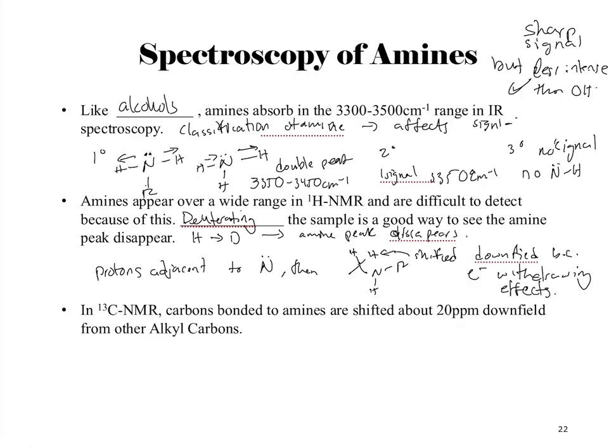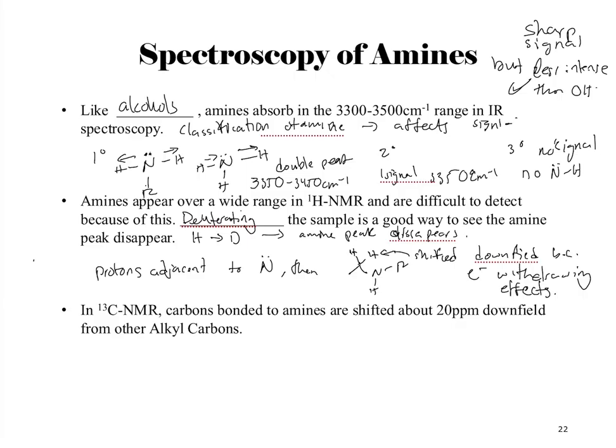And so if it's an alkyl group, then you'll have an integrated three proton singlet at about 2 to 2.6 delta.